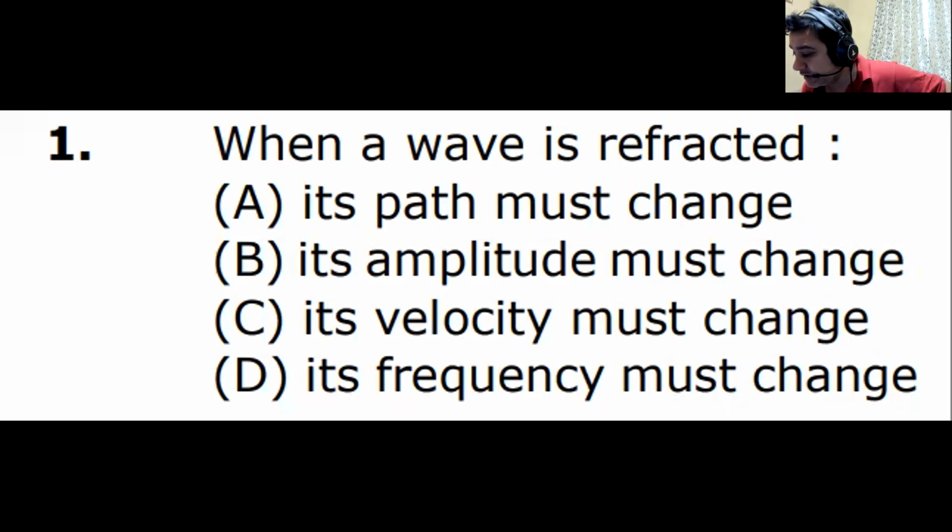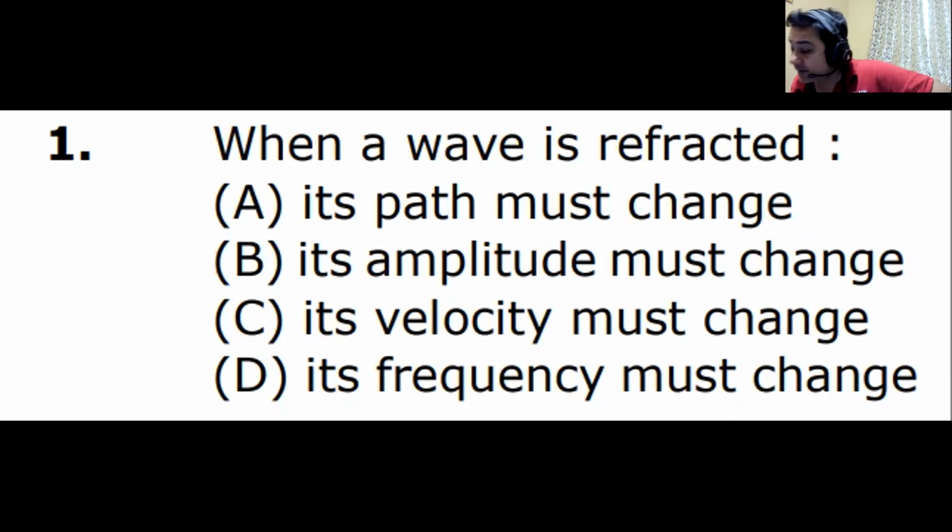When a ray is refracted, what are the options that happen? 1, 2, 3, 4, A, B, C, D. And the correct option is, we don't have a correct option? No one knows the answer? Option C, sir.